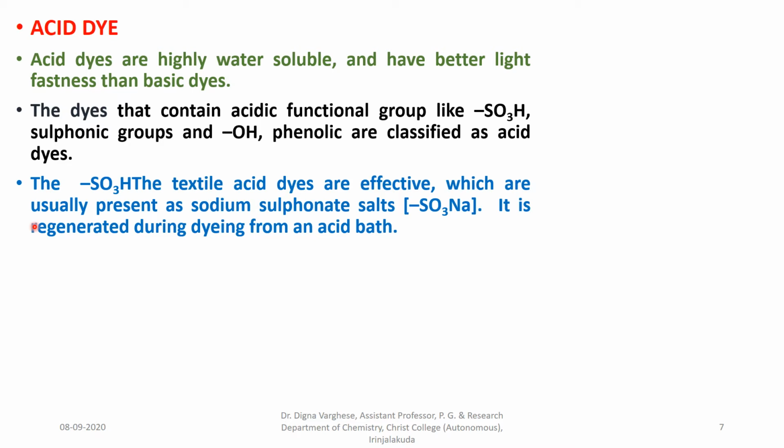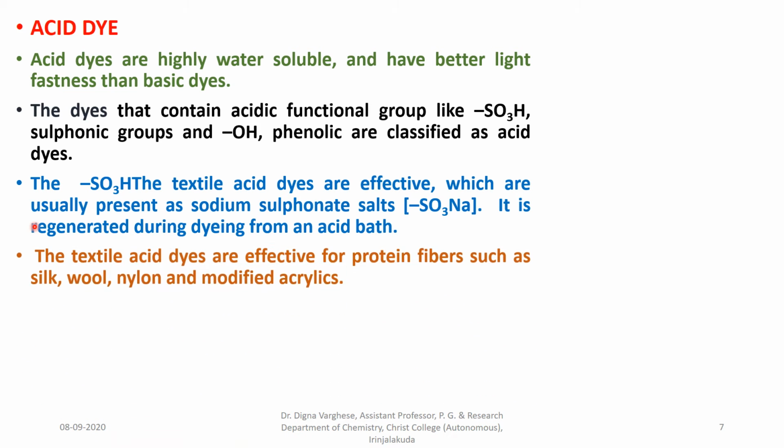So in the textile acid dyes, the effective one is sulfonic acid based dyes, which are usually present in the form of sodium salts of sulfonic acids, that is sodium sulfonate salts. It is actually regenerated during the dyeing from an acid bath.